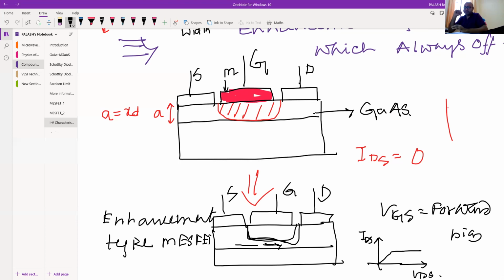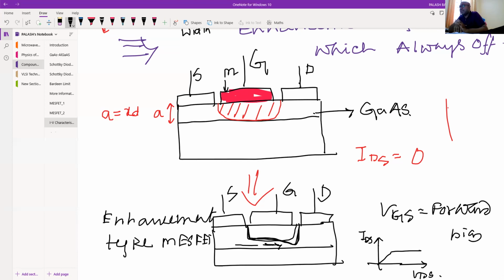But the current characterization and everything is more or less the same, because even in a long channel MESFET, if you try to close this junction by drain to source voltage, you need to have a pinch off, though it is an enhancement type MESFET.